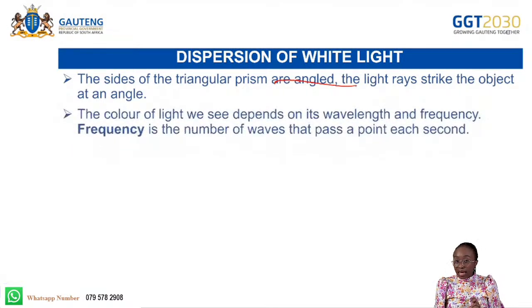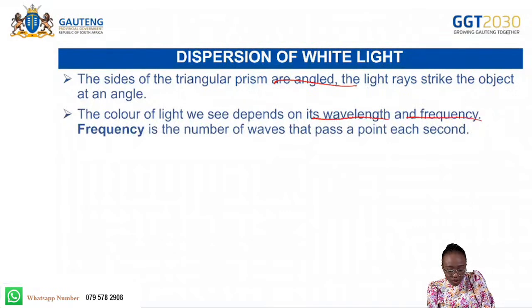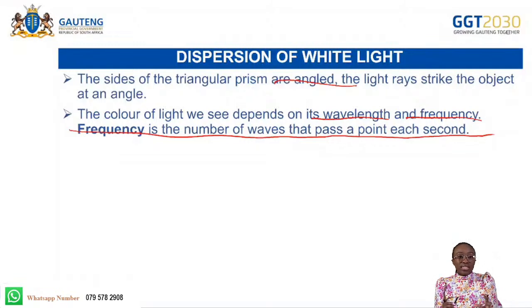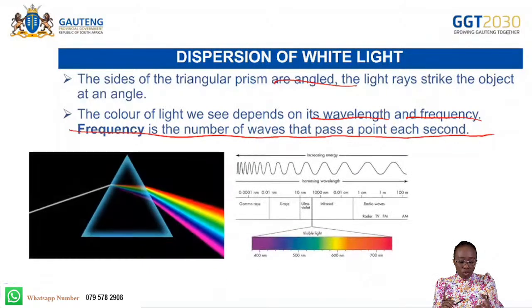And the color that we see after the light has bent depends on its wavelength and frequency. Remember, that is the number of waves that pass a point each second. So as it bends, remember white light is made of all 7 colors of the visible light spectrum, and they have different frequencies.